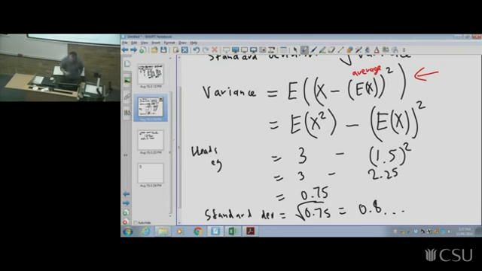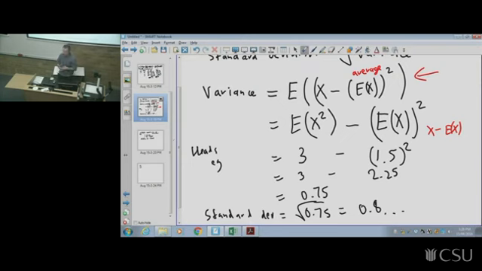So the E(X) really is the average value. Therefore, X minus E(X) is how far away it is from the average value. X was 0, 1, 2 or 3, the four different values we have for X. So a value of 0 is 1.5 below the average.